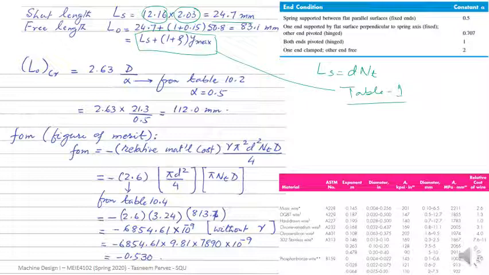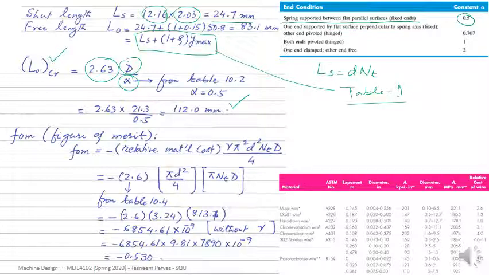And I will use another way to calculate it in the next problem. Once I know all of this, the two things left are the critical length, which is equal to 2.63 times the mean coil diameter divided by alpha, and alpha is dependent on the end condition. So we are saying fixed ends parallel, the value of alpha is 0.5. We put it, we got this.